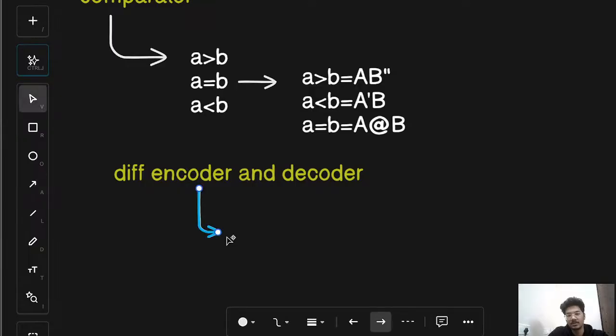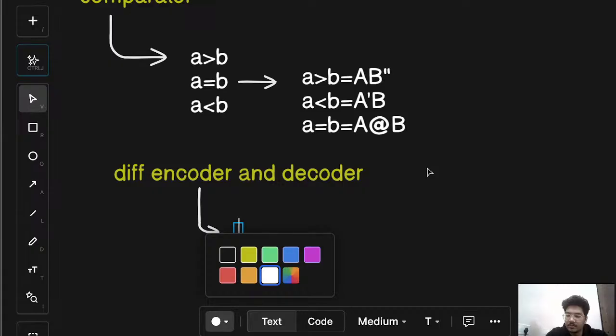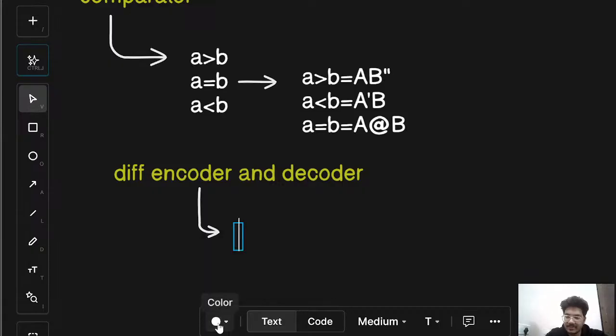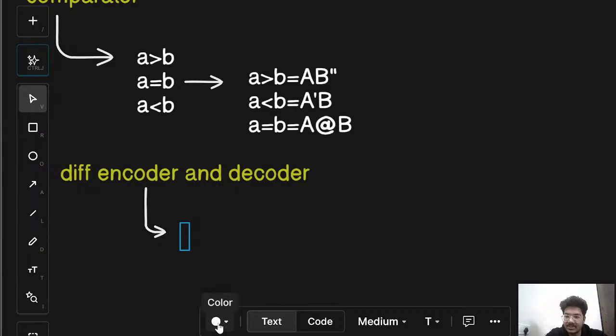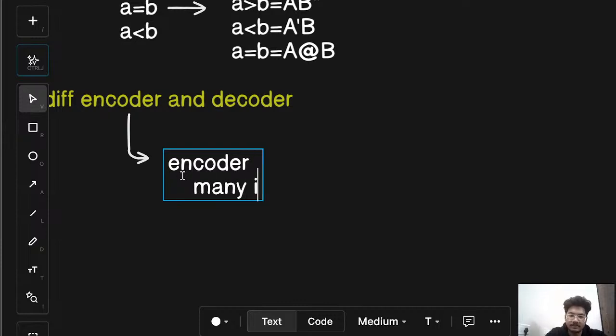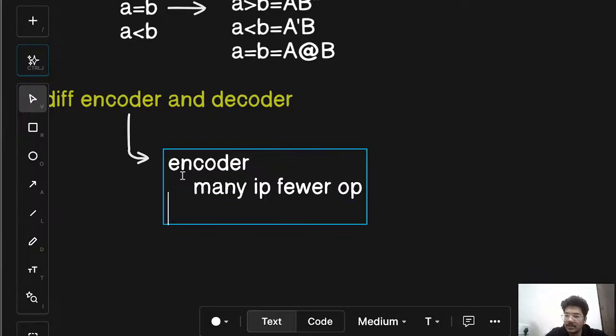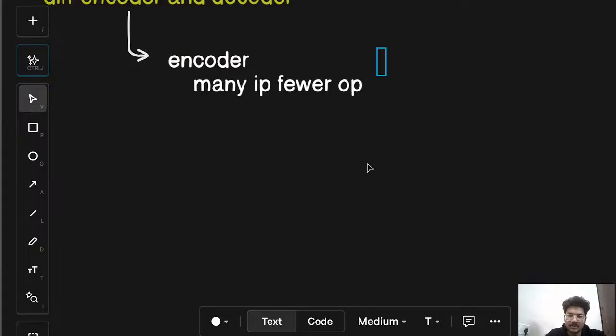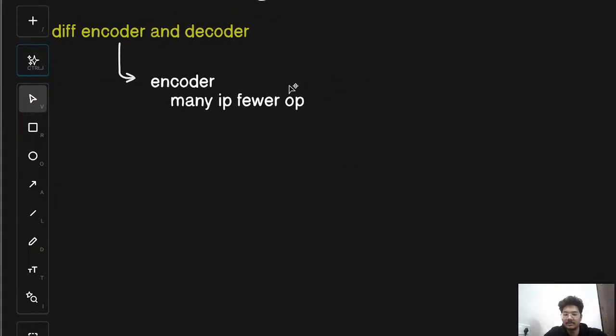As we see the difference in terms of function and features, an encoder means many inputs and fewer outputs, and a decoder is the opposite, with few inputs compared to outputs.